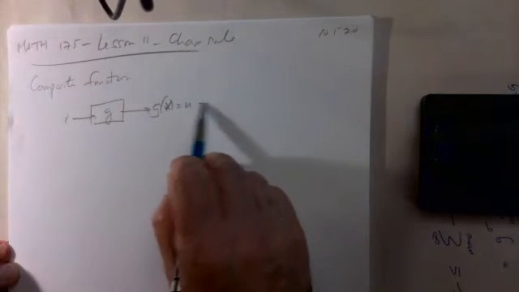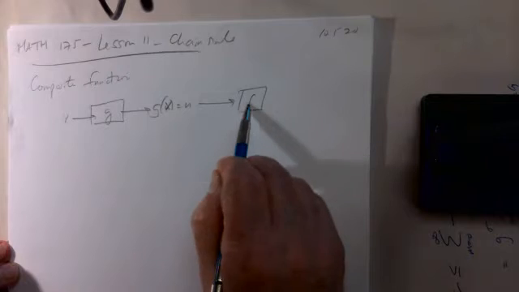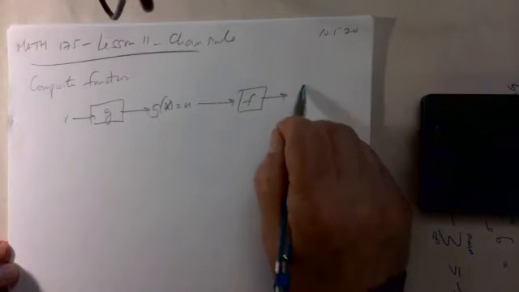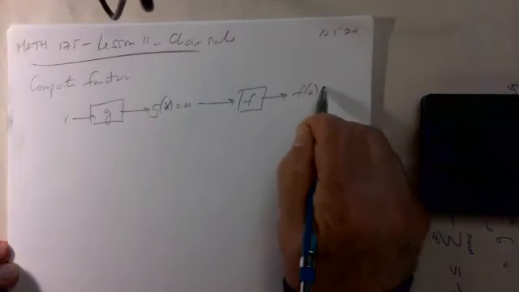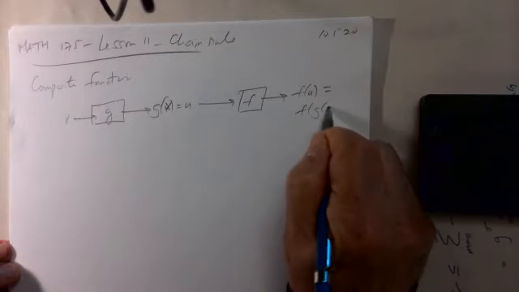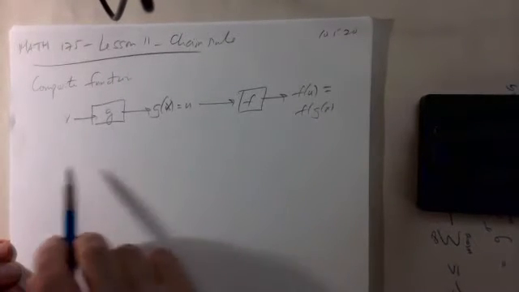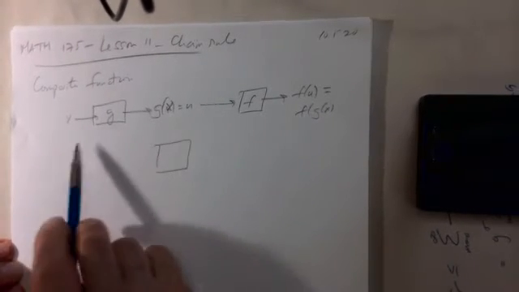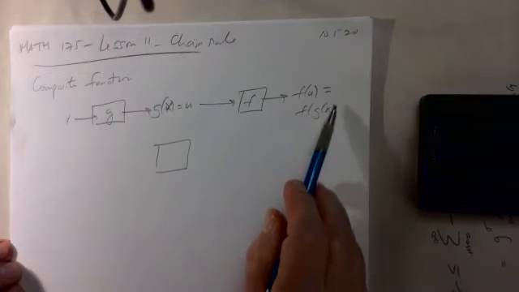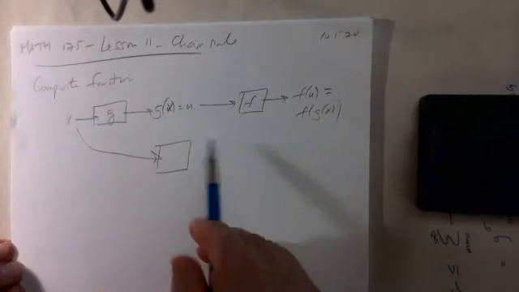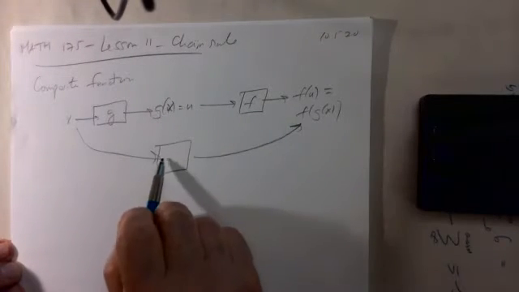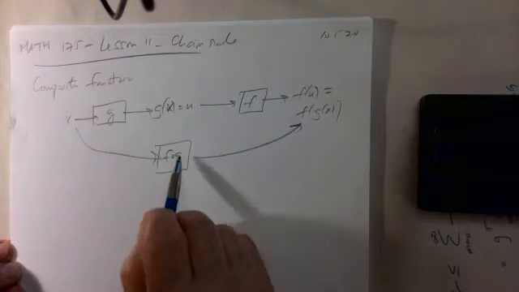And this number that comes out goes into another function f, and what comes out is f of u, or f of g of x. So if you start with x and you end up with f of g of x, this is some function we call the composite, f composed with g.